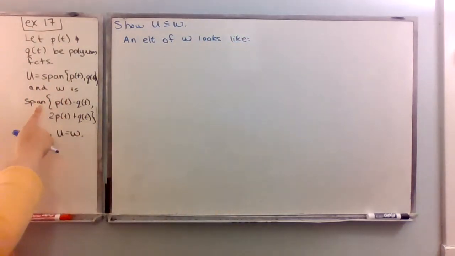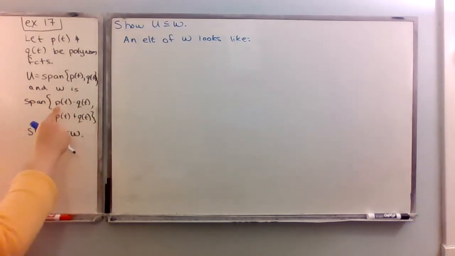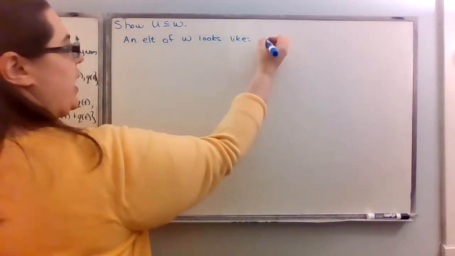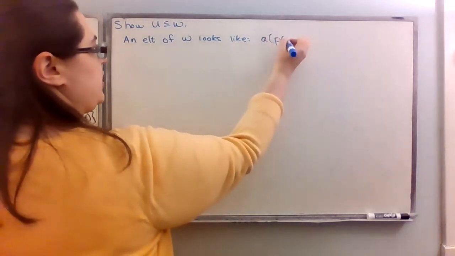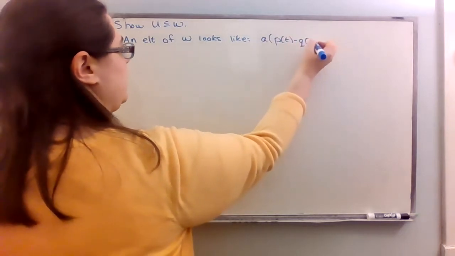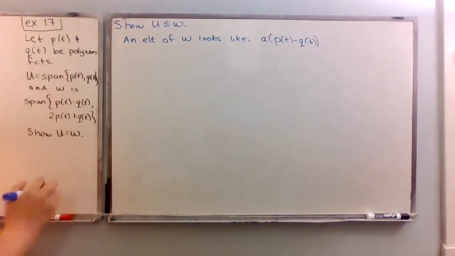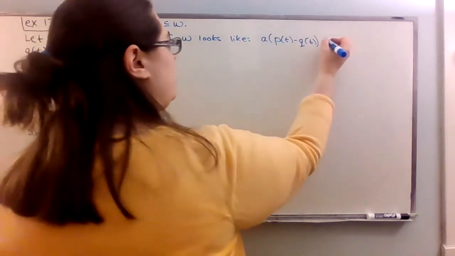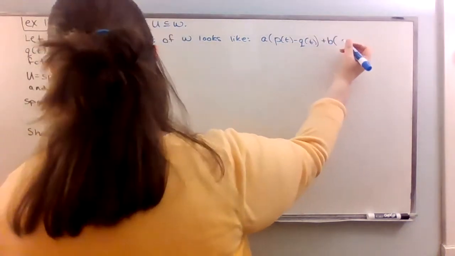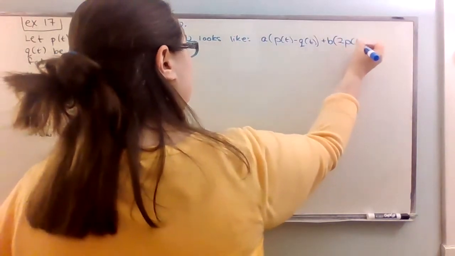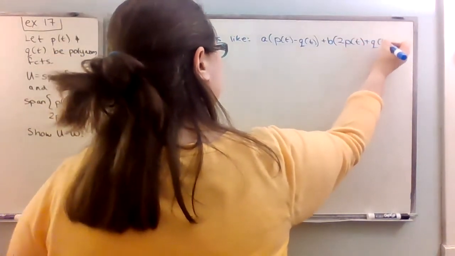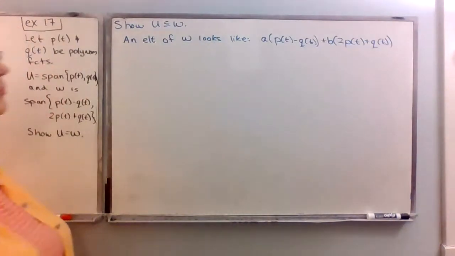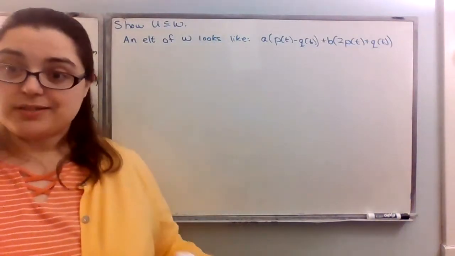Because we're a span, we're a linear combination of these vectors. So it's going to be A times P of T minus Q of T plus B times 2P of T plus Q of T. So this is what we are going to look like.